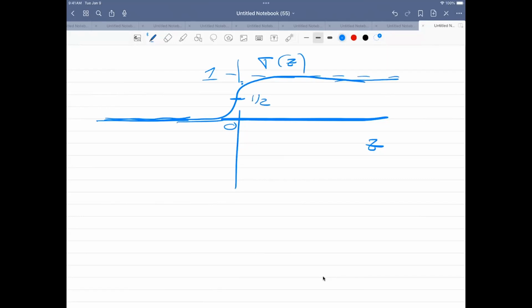So what you see now is that if you have values of z at the end points or large values, then the function becomes flat. When the function becomes flat, it means that the derivative of this function is going to go to 0.